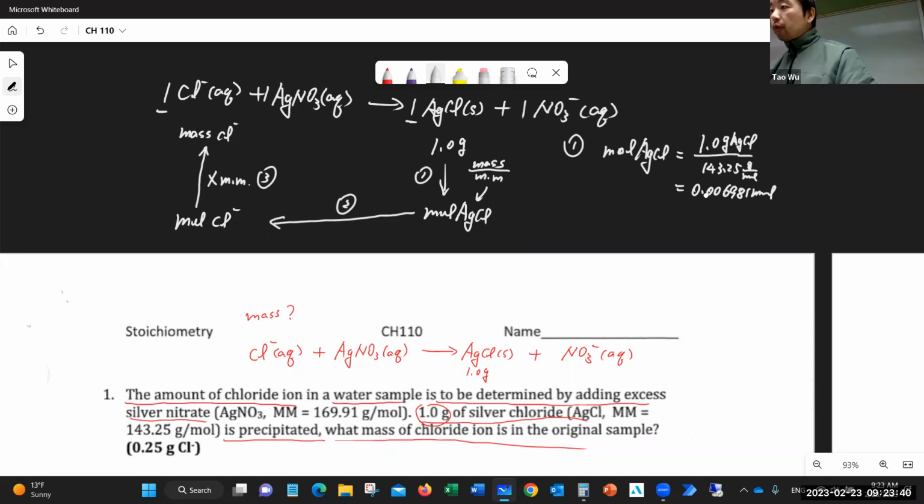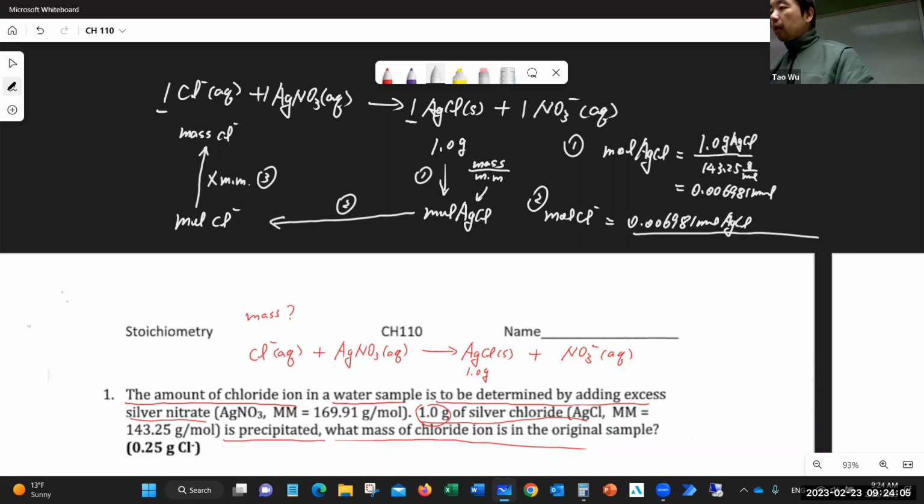This is step 2. You find the mole of the chloride ion. We have 0.00698 mole of the silver chloride.